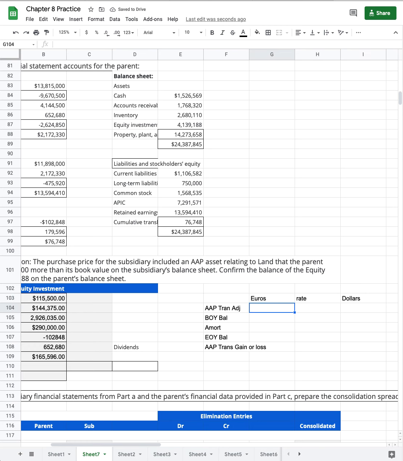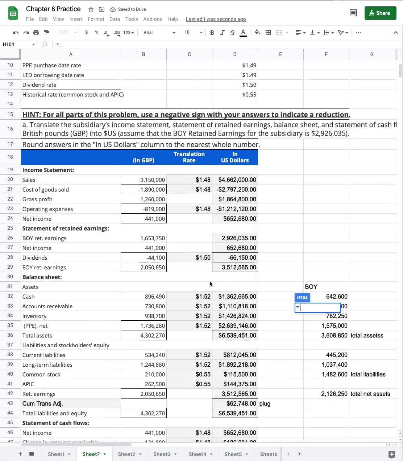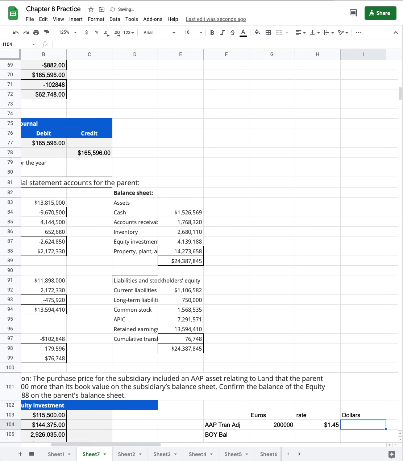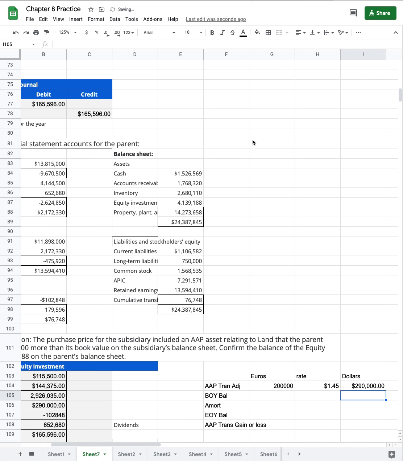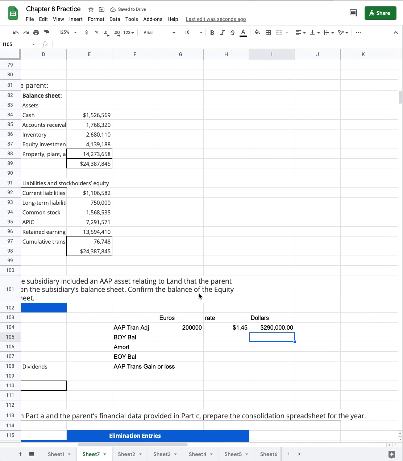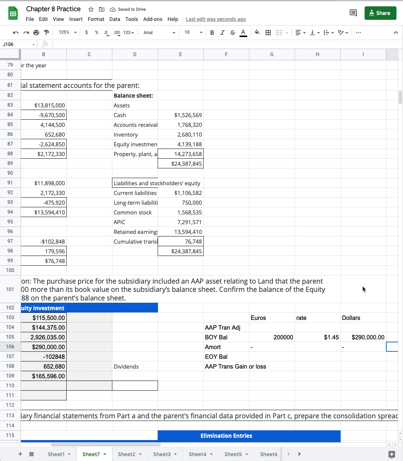And so the AAP adjustment is the 200,000 times that beginning of year rate of $1.45, and that gave us the 290. And I'm sorry, this should have been in our beginning of year. And then for amortization, there is none because this is land and the land is not amortized, which means our end of year balances just carry down.